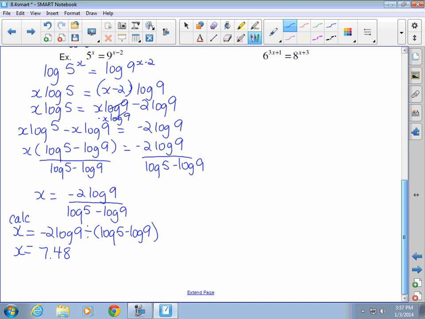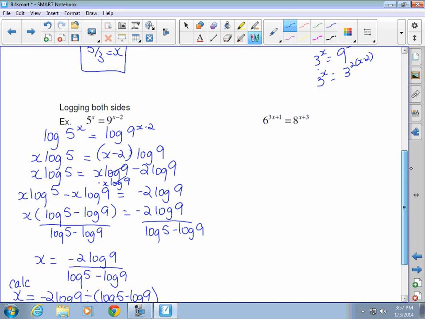Okay, so let's try a second one here. 6 to the power of 3x plus 1 is equal to 8 to the power of x plus 3. So same thing, I don't have bases that I can change like that 3x equals 9, so I have to log both sides. So this becomes log of 6 to 3x plus 1 equals log 8 of x plus 3.